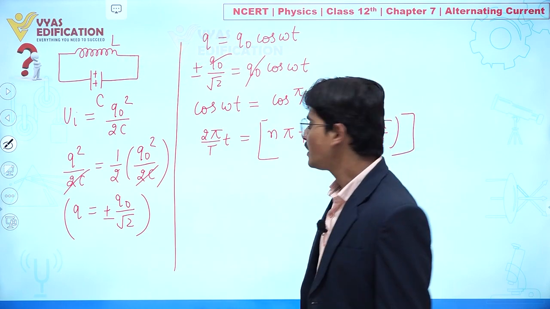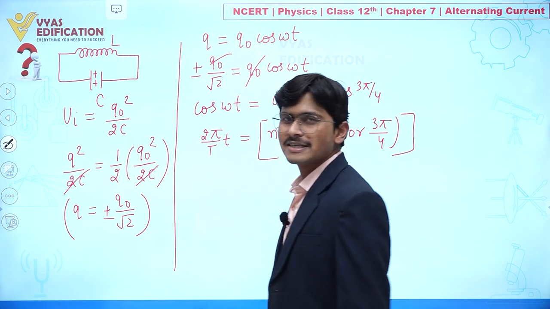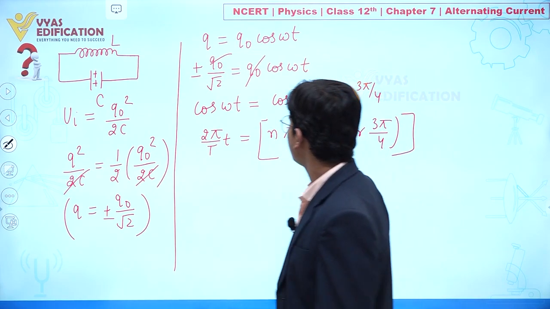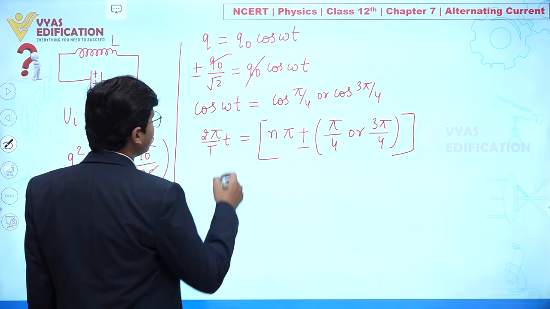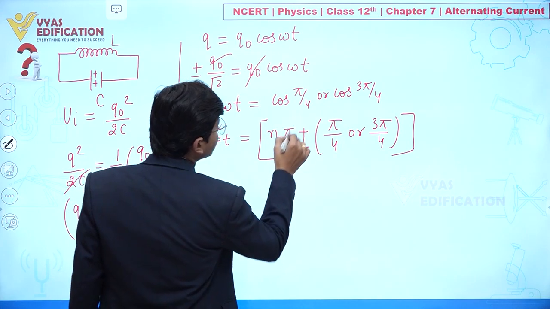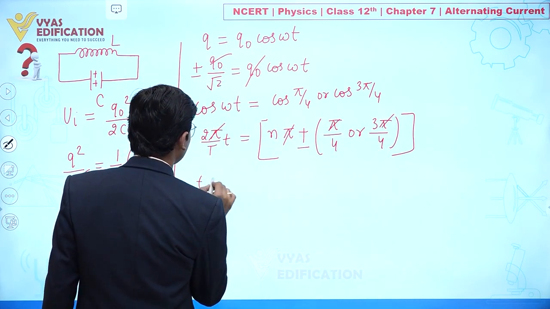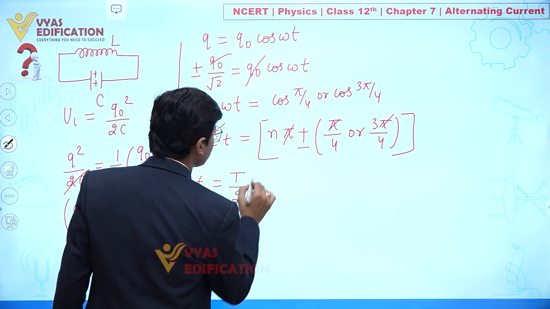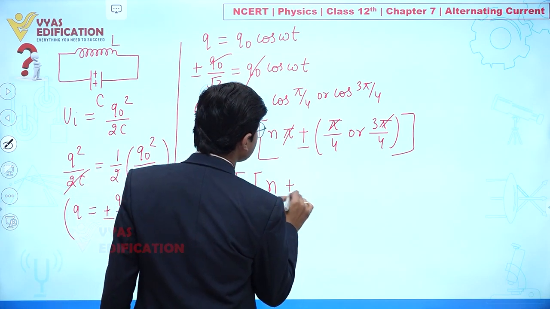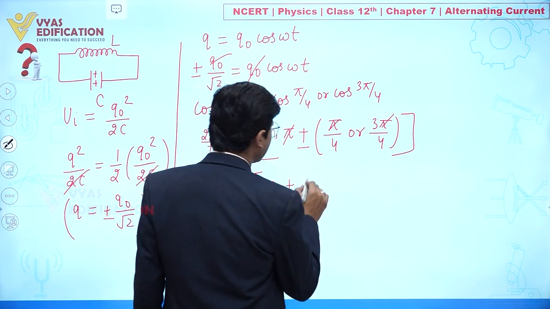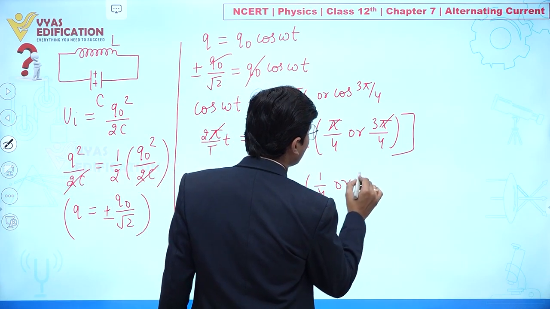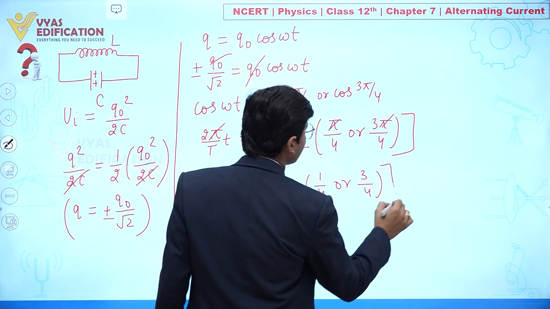You can also write plus minus. Now the pi and pi cancel out, and the value of t you get is T by 2 times n, plus minus 1 by 4 or 3 by 4.